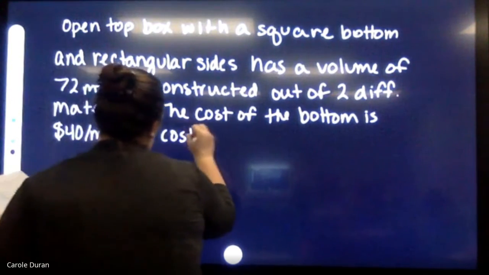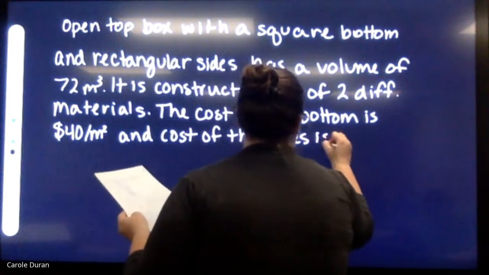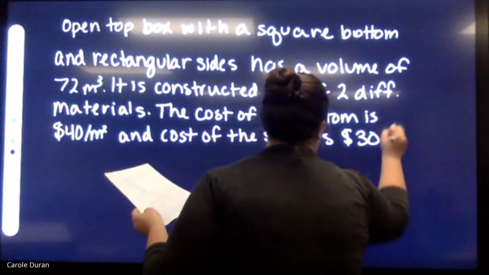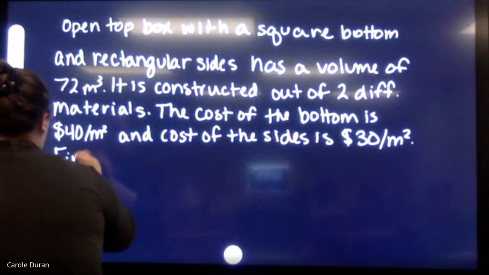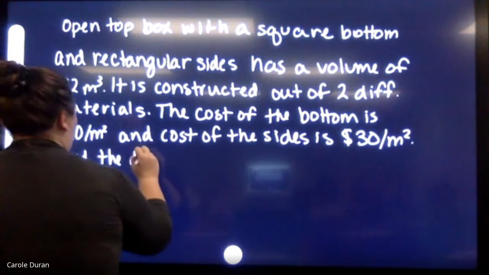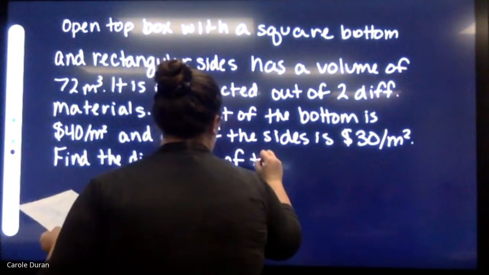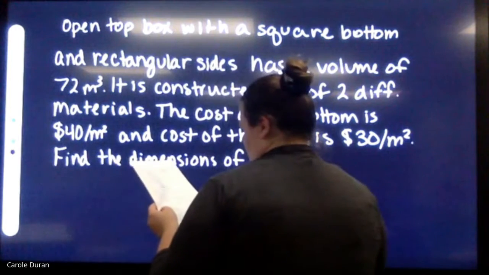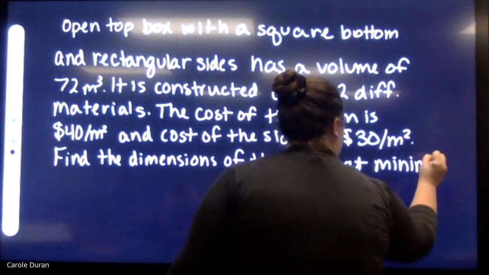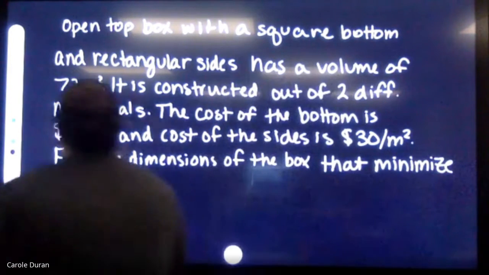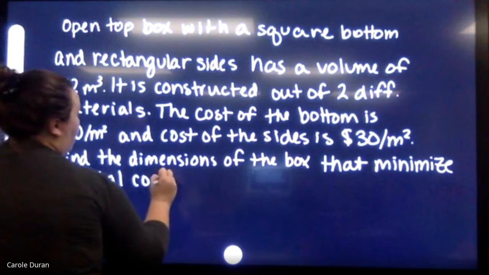And the cost of the sides is $30 per meter squared. Find the dimensions of the box that minimize the total cost. What are the slashes? Per.